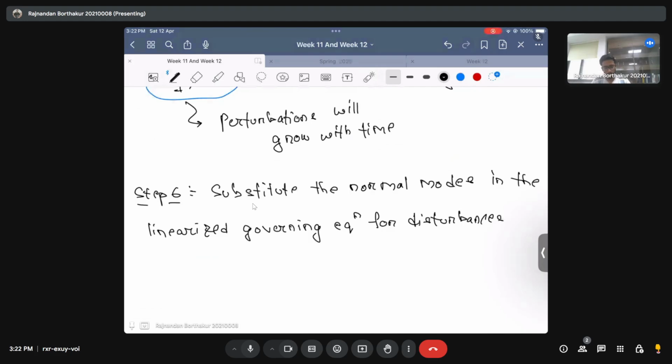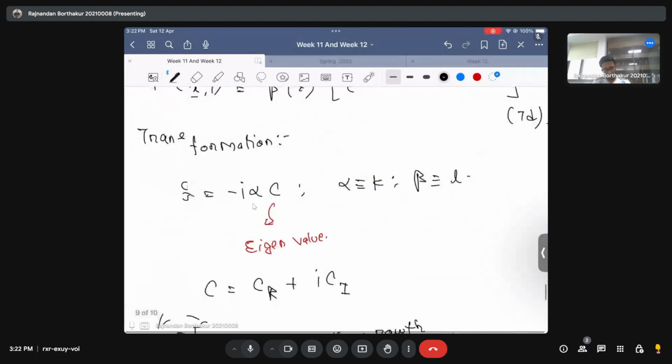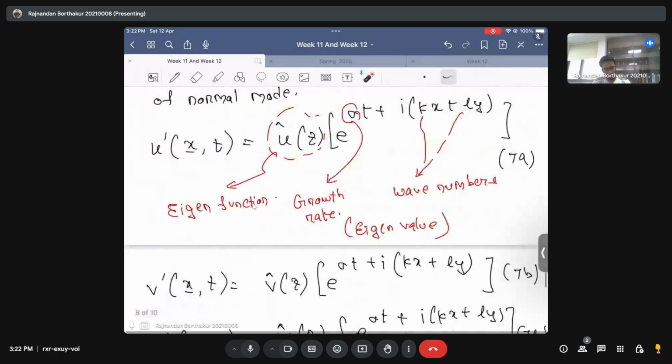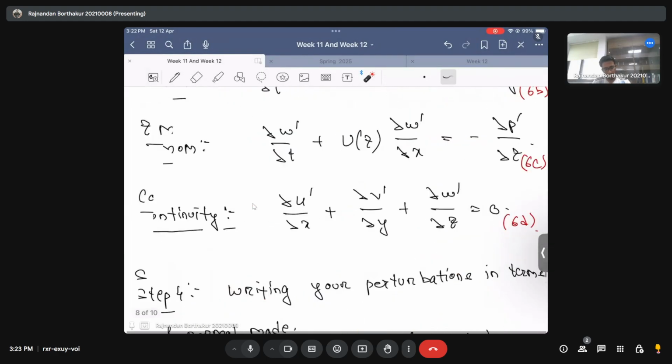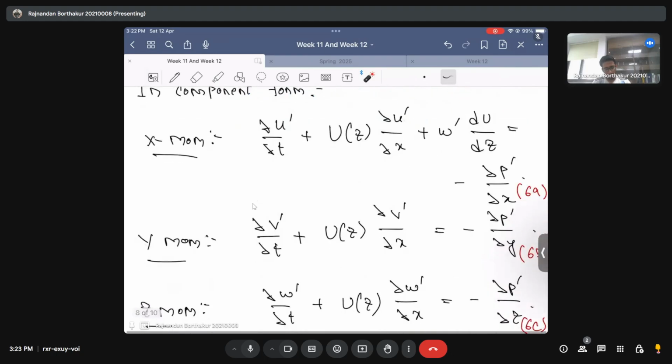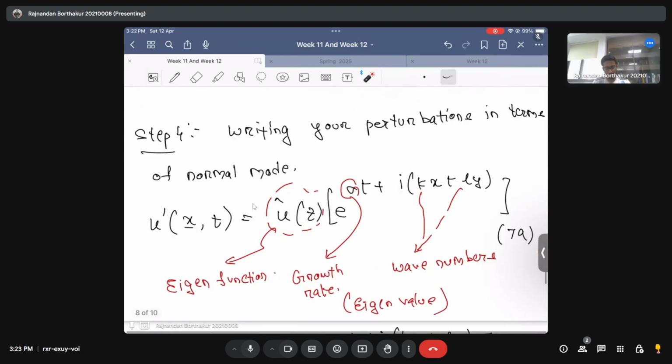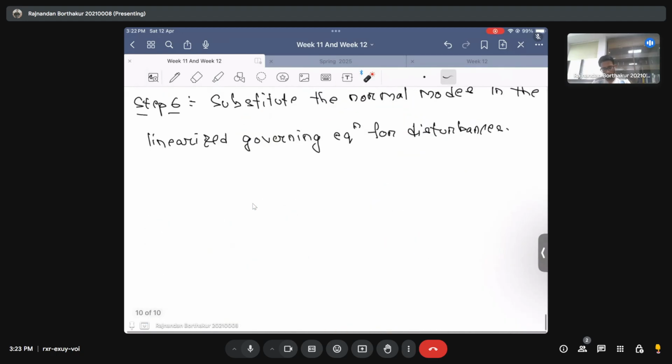Which means that we'll be substituting 7a, 7b, 7c, and 7d into equation 6, basically 6a, 6b, 6c, and 6d. That's what we are going to do.